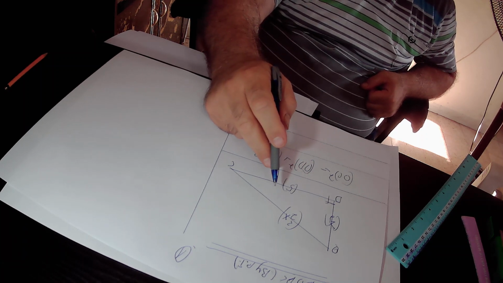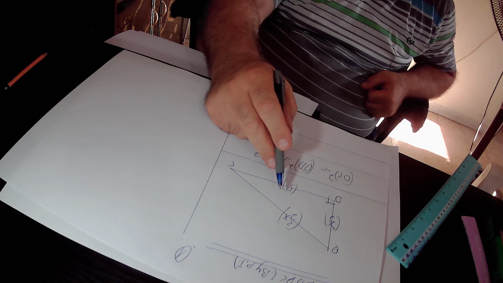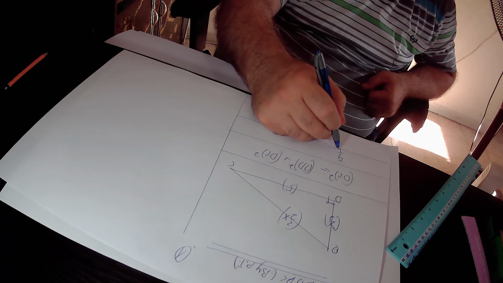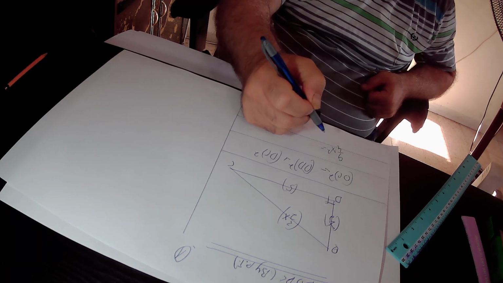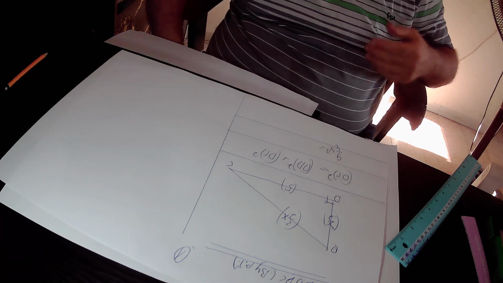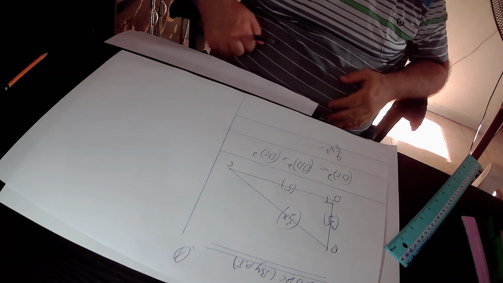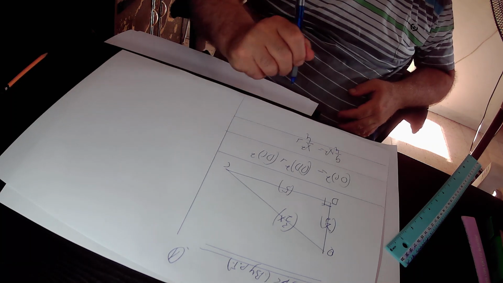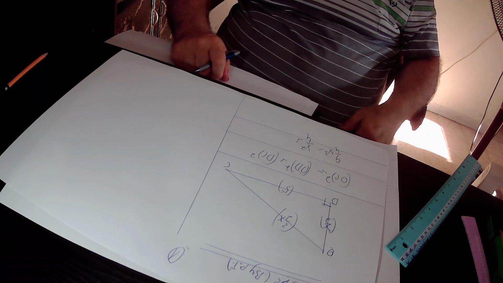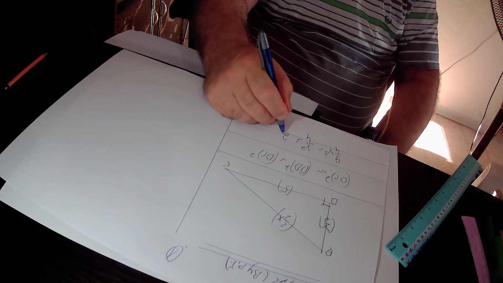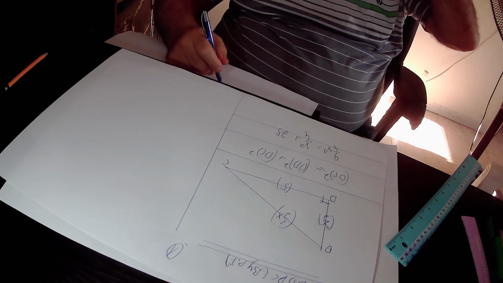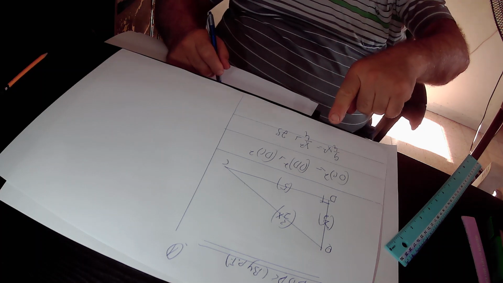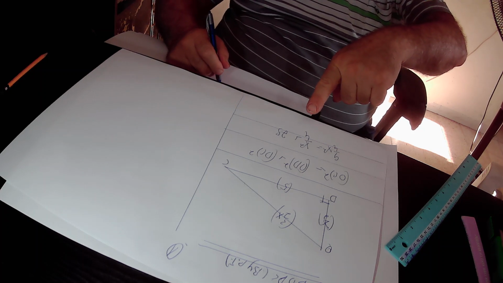OC equals 3 over 2 times x, therefore OC squared equals 9 over 4 times x squared. OD is x over 2, therefore OD squared is x squared over 4. Plus DC squared. DC is 5, therefore DC squared is 5 squared, that is 25. So in total we found out that 9 quarters x squared equals 1 quarter x squared plus 25.